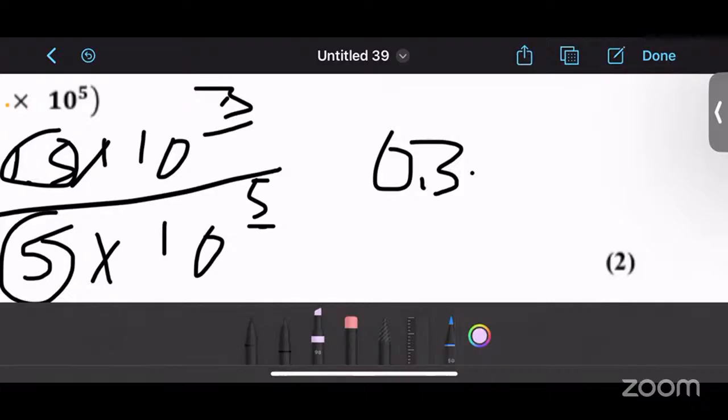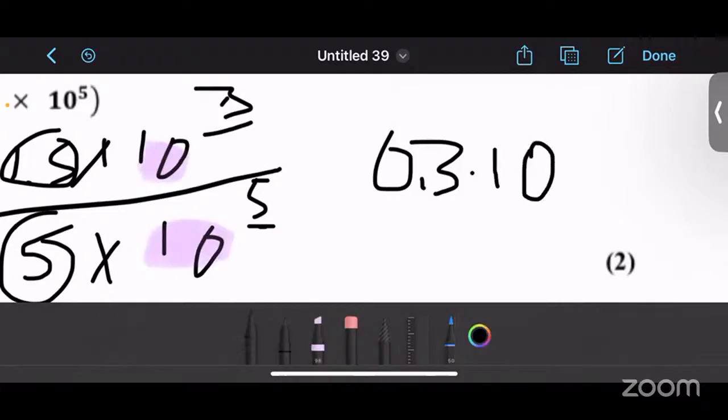When we are dividing the same base, what do we do with the exponent? We subtract them. Subtract. Yes, ma'am.